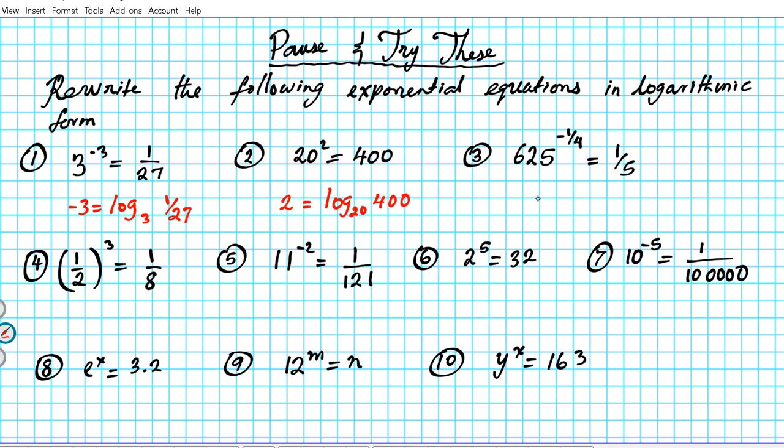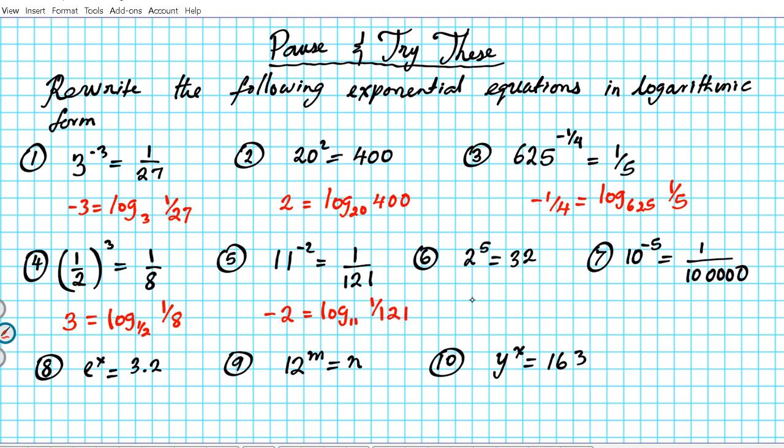Number 3, negative 1 over 4 is equal to log base 625 of 1 over 5. Number 4, 3 is equal to log base 1/2 of 1 over 8. For number 5, negative 2 is equal to log base 11 of 1 over 121.